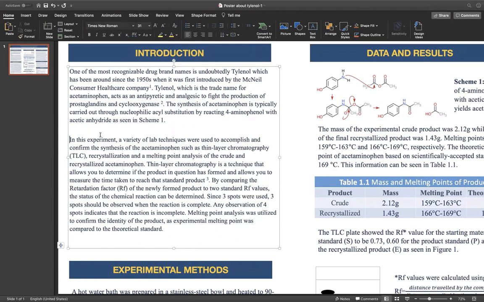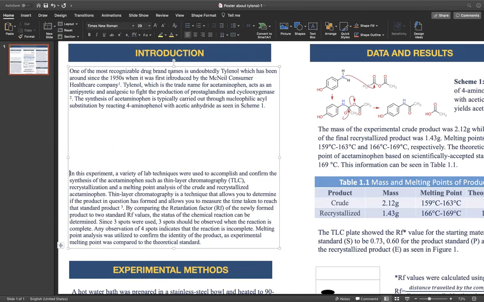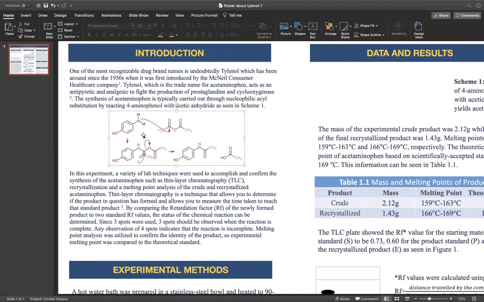Well, anytime you mention a scheme, that's exactly when you want to go in and input that figure, right? You input a figure or a table right where you mention it, typically in a report as well, right? So you can't say according to scheme 1, and then scheme 1 appears 3 pages later, right?